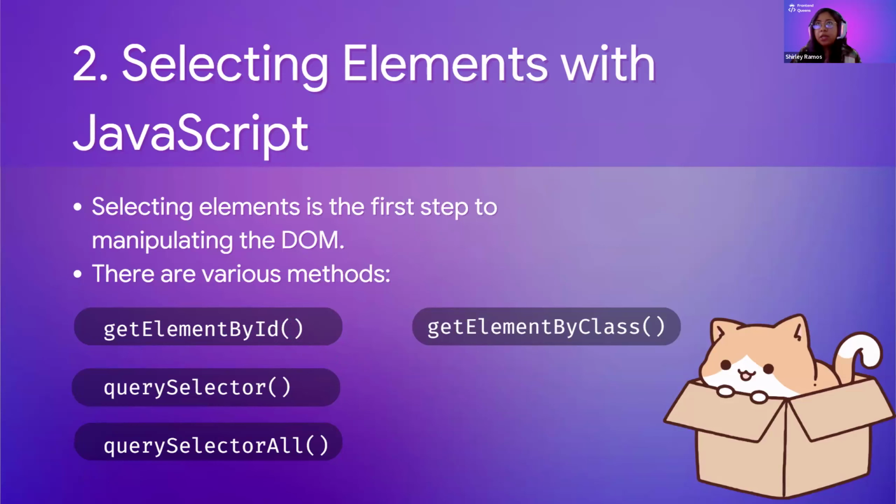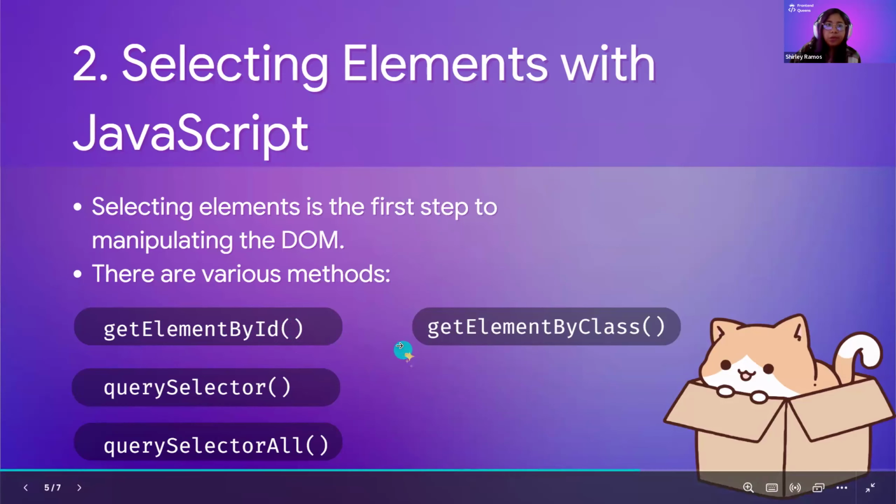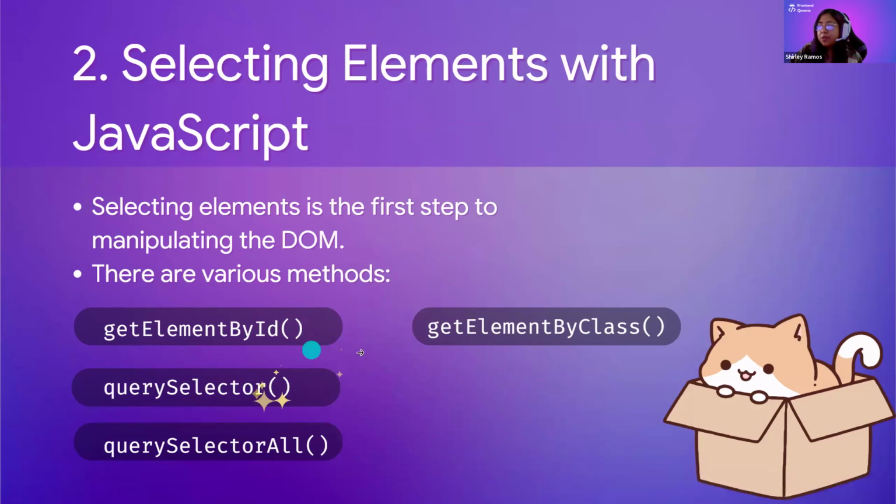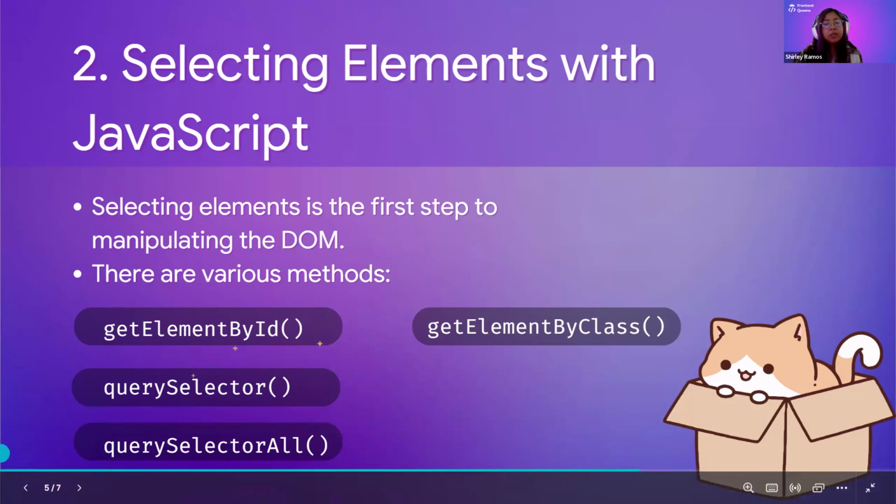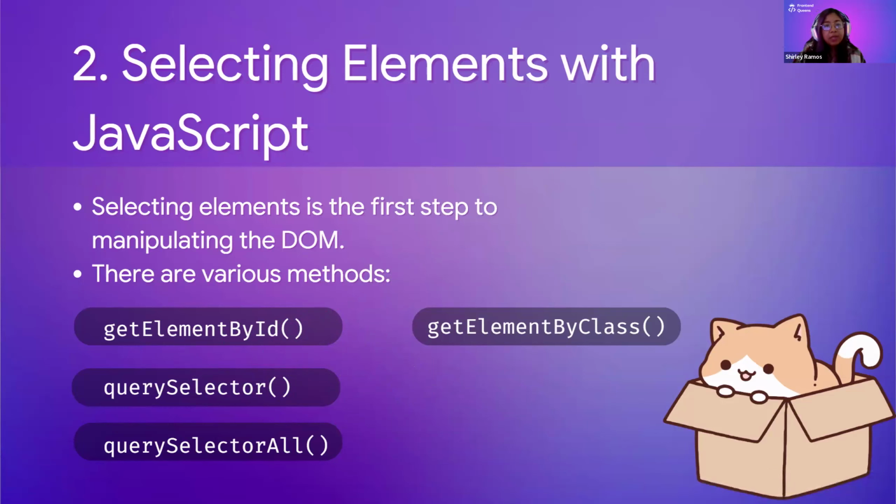For example, button ID, button menu, and this would be inside here in the parentheses. So the second one will be querySelector. querySelector is the way that we will select an element, but not only by ID. You can select an element that has a class, or that also has an ID, and you will take it.